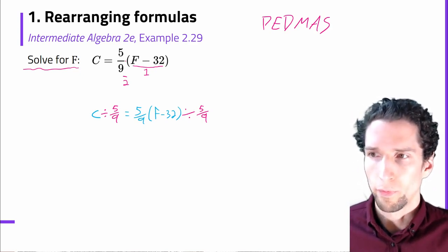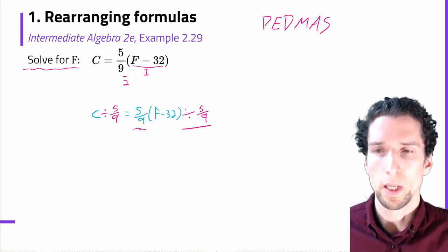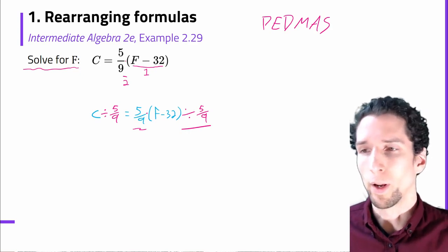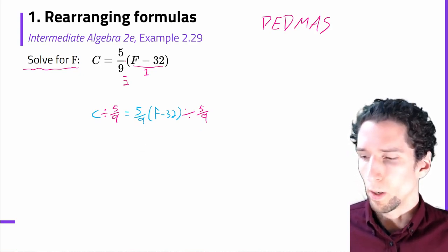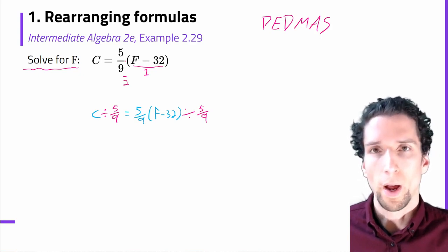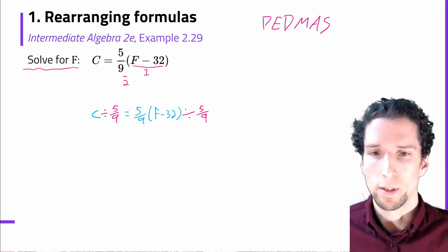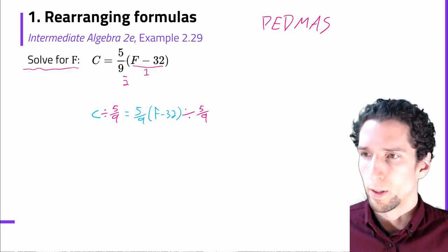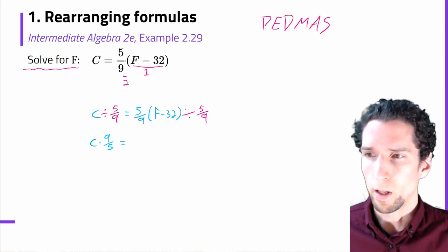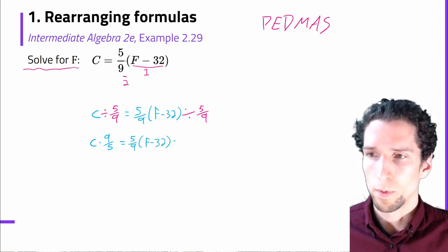And we have 5/9 times this thing in brackets. So now we're doing the opposite operation to get rid of it. We could also think of this as multiplying by 9/5, the reciprocal or the inverse of the fraction, but dividing by fractions is what you do anyway. So this turns into C times 9/5 on one side, and 5/9 times F minus 32 times 9/5 on the other.